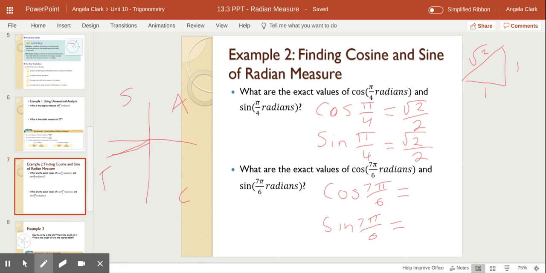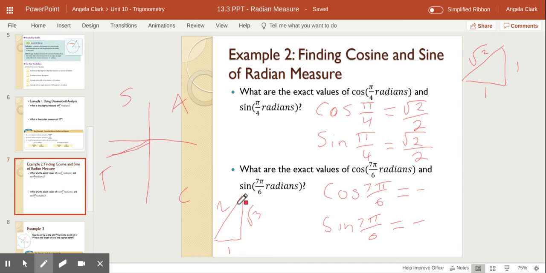So we know they're both going to be negative, and we know it's a 30-degree angle. So if you have the unit circle memorized, great. I tend to use my 30-60-90 triangles in my head. So this is 1, 2, square root of 3.